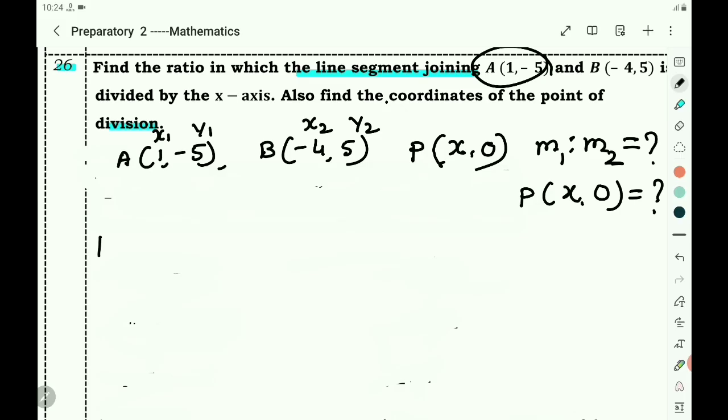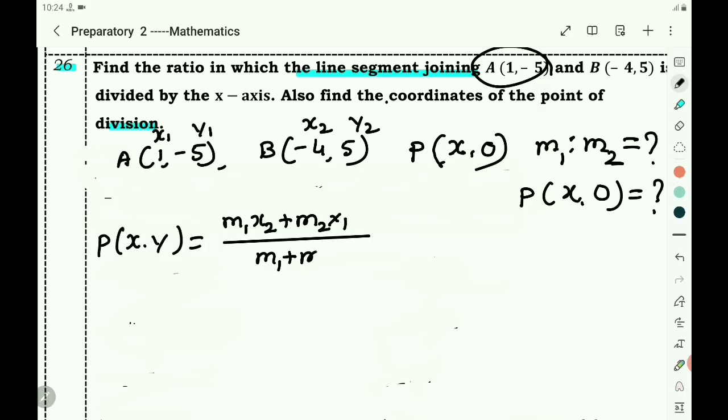Then P of x, y equals (m1 x2 plus m2 x1) by (m1 plus m2), and (m1 y2 plus m2 y1) by (m1 plus m2).